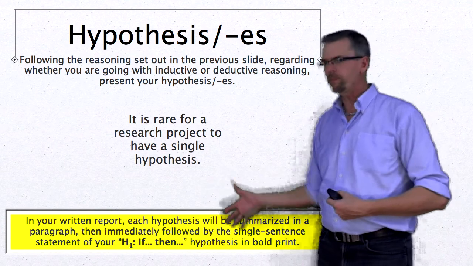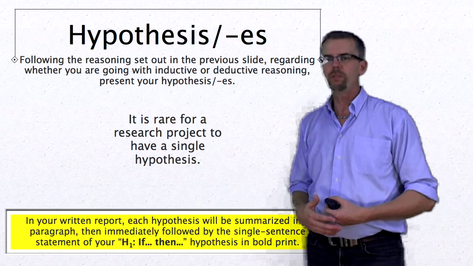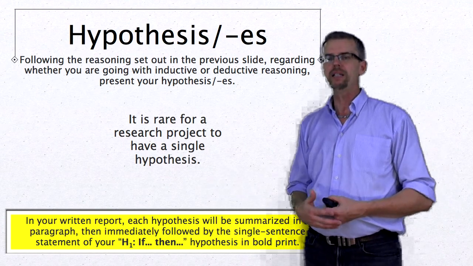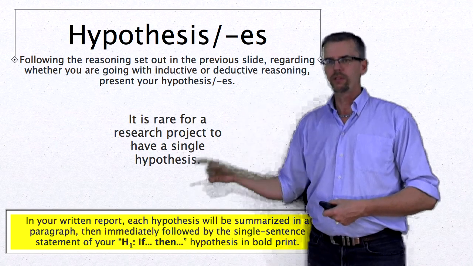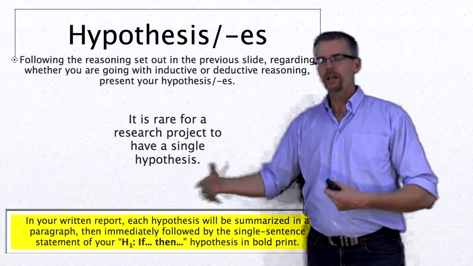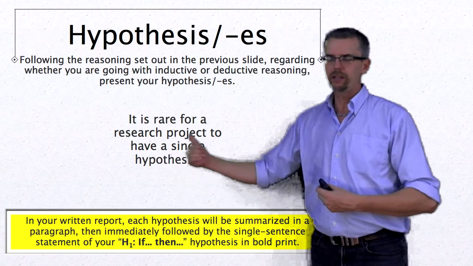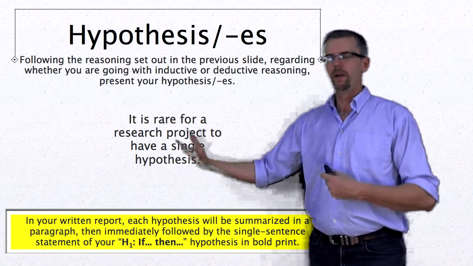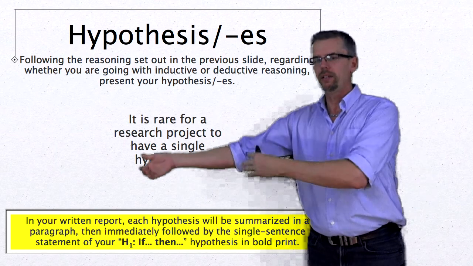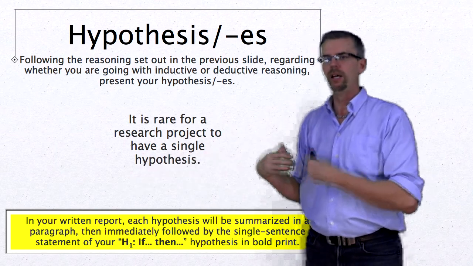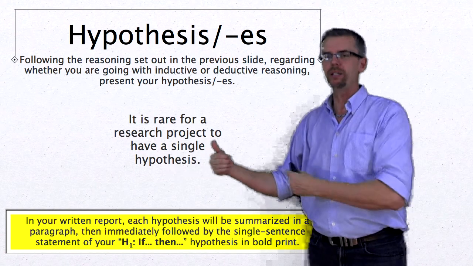In your written report, each hypothesis will be summarized in a paragraph, then immediately followed by the single sentence statement of your hypothesis, H1. And I put if-then as hypothesis thinking. I want you to think in terms of, if this is happening, then this is the outcome. If we do this, that would be a deductive approach.